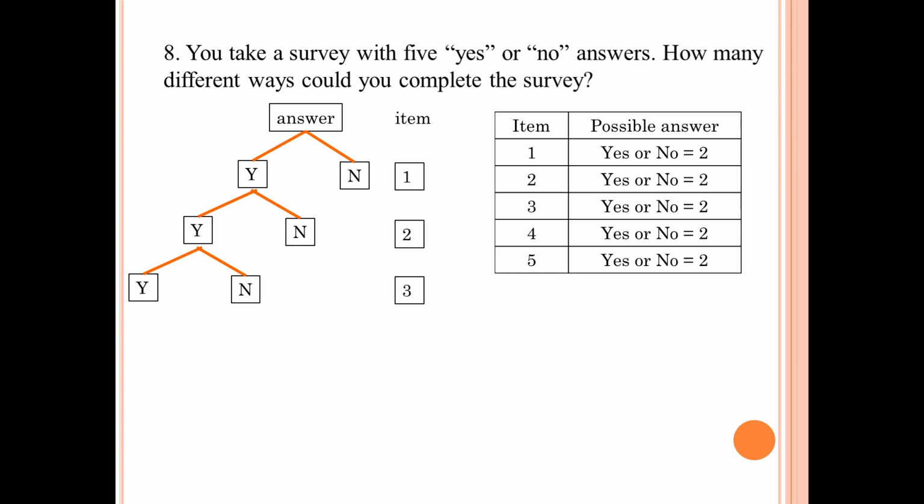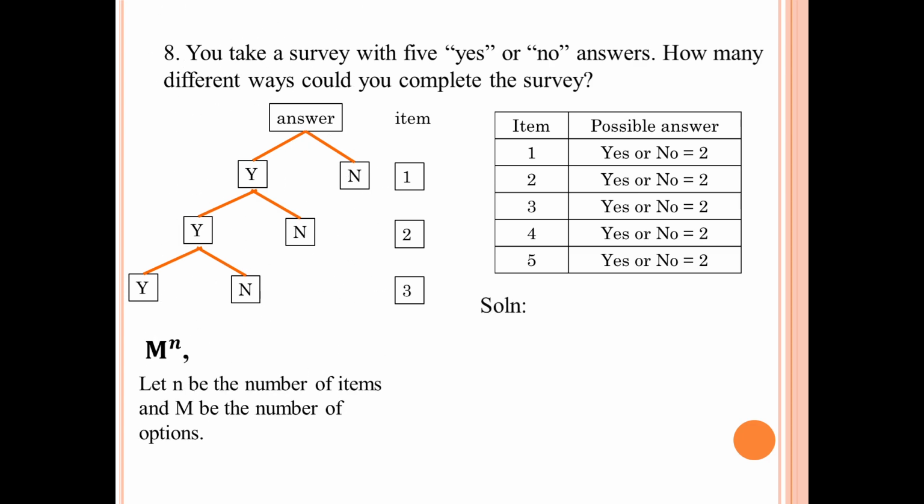Meaning to say, if this would be the pattern, we can apply this formula: capital M to the power of n. So let n be the number of items and capital M be the number of options.